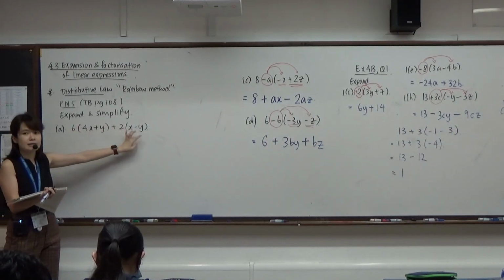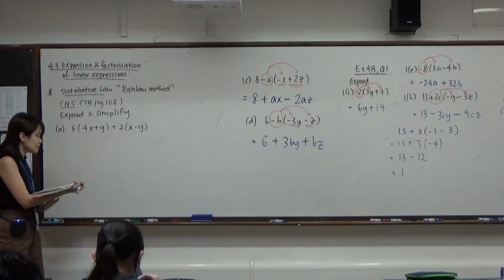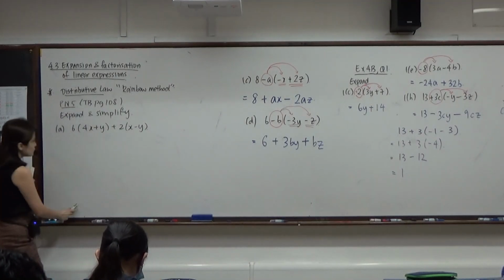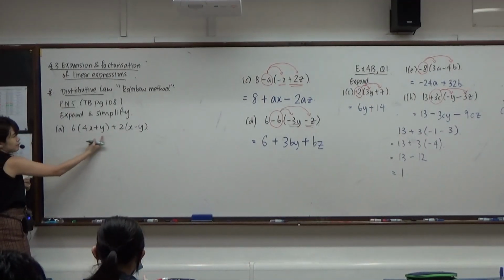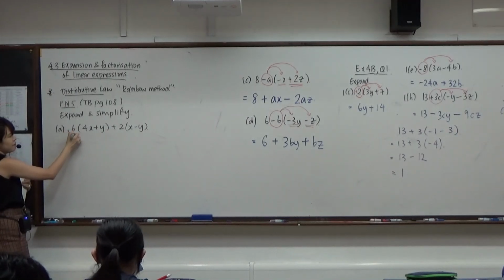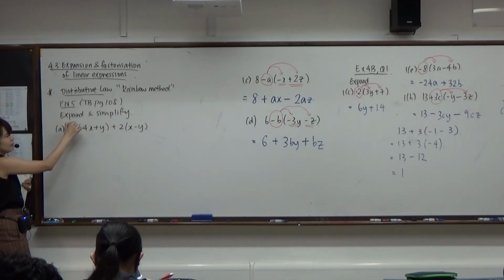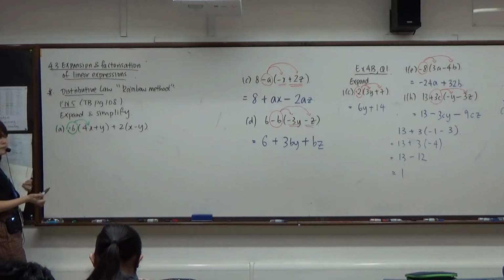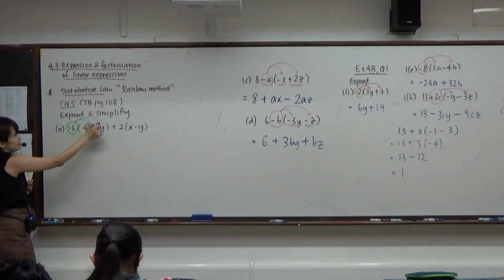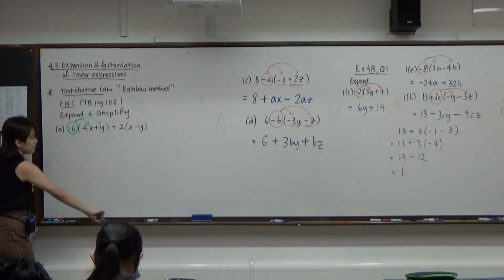We do it step by step, separately. So in my first pair of brackets, I have a positive 6. And doing my distributive law or my rainbow method, I will multiply with my 4x and then multiply with the y.